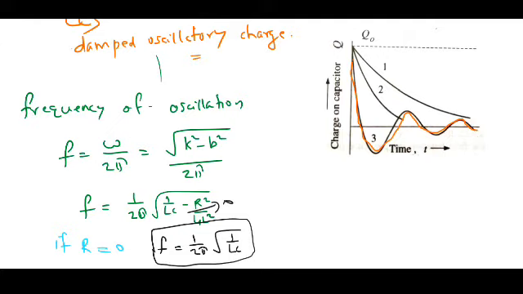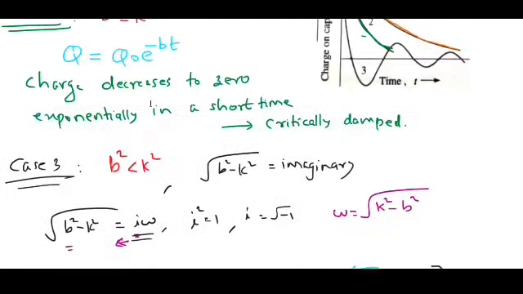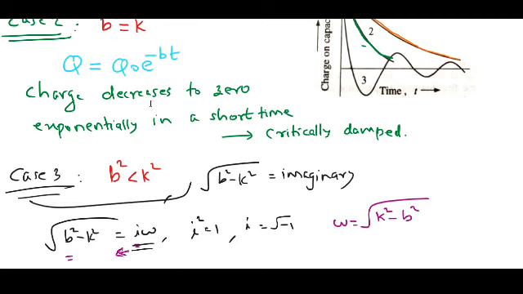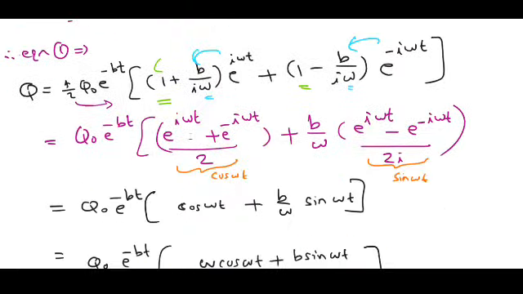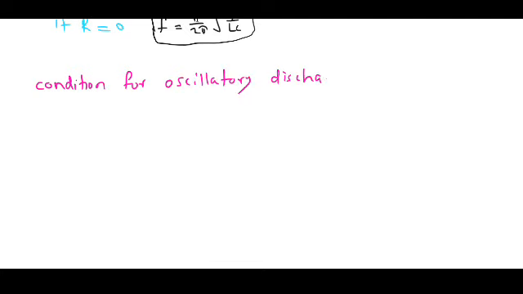Let us go back to this, that is case 3, b square less than k square. This is the condition of oscillatory discharge, that is b square is less than k square. What is this b square? R square by 4L square less than k square, which means 1 by LC.